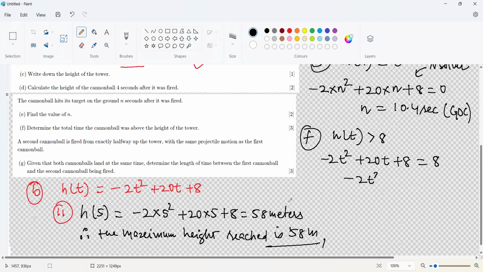this cannonball is above the height of the tower. So negative 2t square plus 20t, 8 minus 8, 0. t is common, negative 2t plus 10 equal to 0. So from here I am obtaining t is equal to 0 and t is equal to 10.